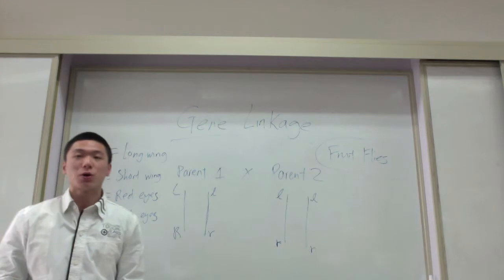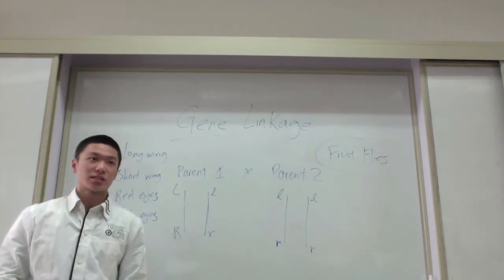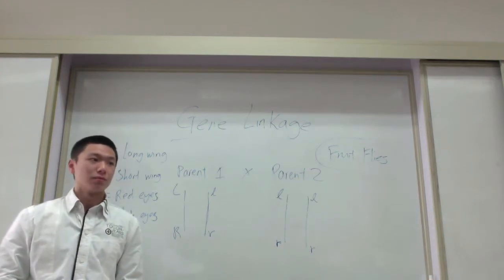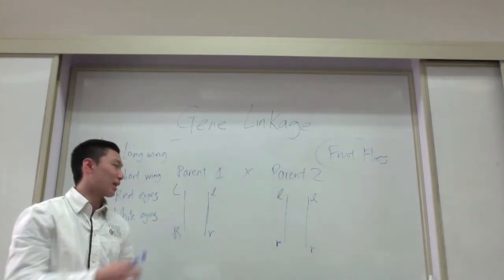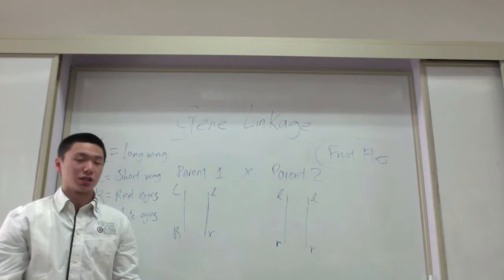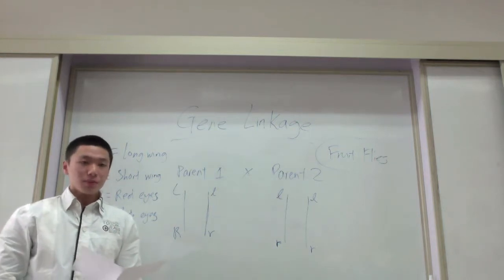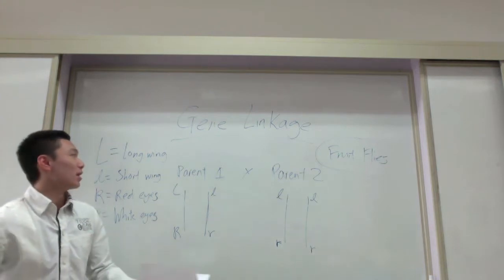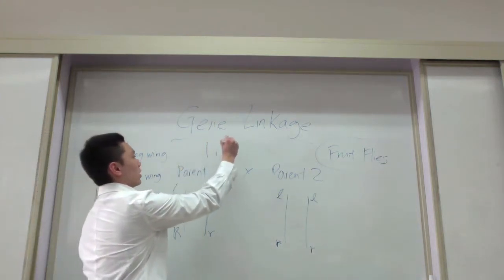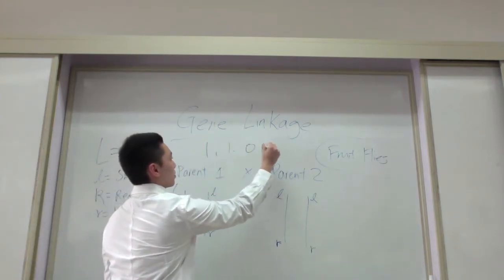In a typical Mendelian cross, you would have one of each. So you have a 25% chance of getting each type of phenotype and genotype. However, in a gene linkage cross, the typical ratio we get is 1 to 1 to 0.1 to 0.1.